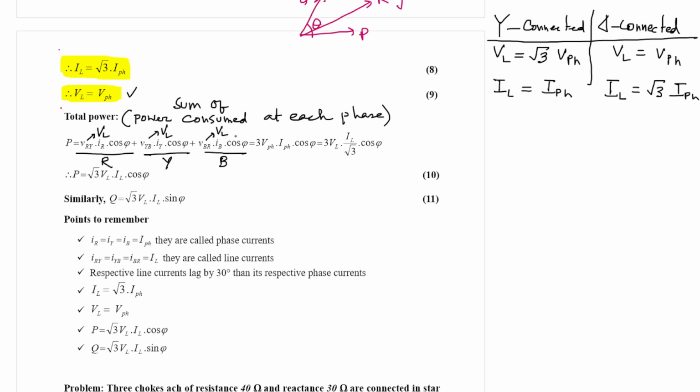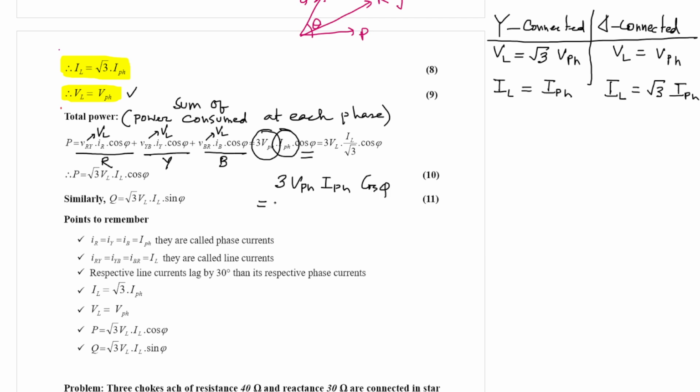So 3 VL will come, and since for the delta connected network VL is equal to V phase, we write 3 V phase. Similarly, IR, IY, IB are all phase currents, so we write I phase, and with that we have the power factor.